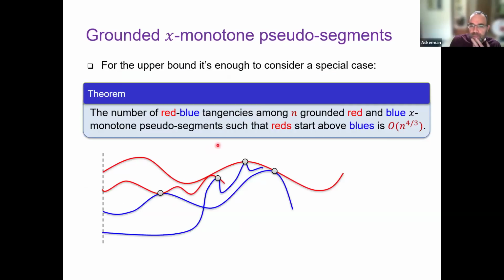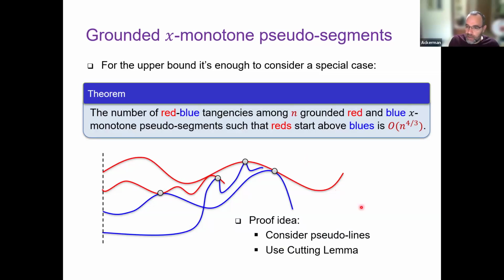It is enough to consider the special case where you have red and blue grounded x-monotone curves, pseudo-segments, and all the red ones start above the blue ones. So their left endpoints are above the left endpoints of the blue ones. It's enough to prove the bound for this case, and then we just use divide and conquer and induction and conclude also the general case.